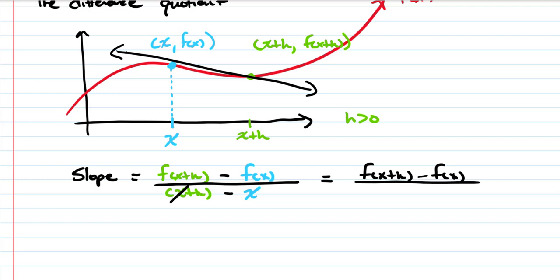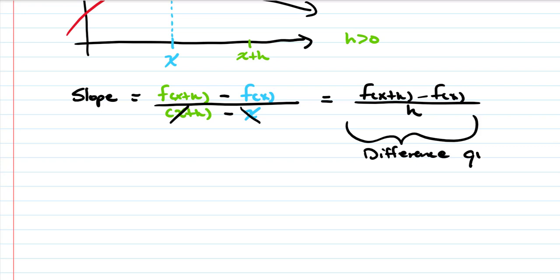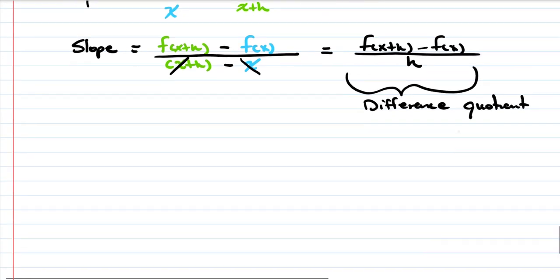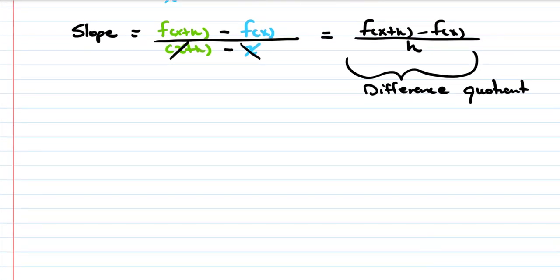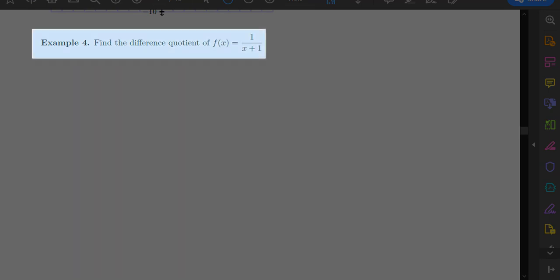The x and the x reduce out, leaving us with just h. So this part right here is what we're going to refer to as the difference quotient. So that will be the formula that we're going to use for example number 4.